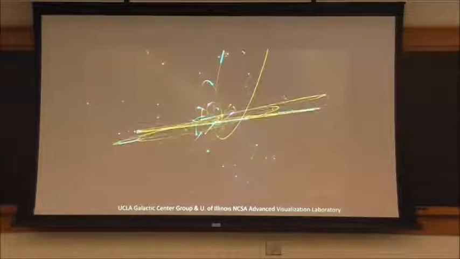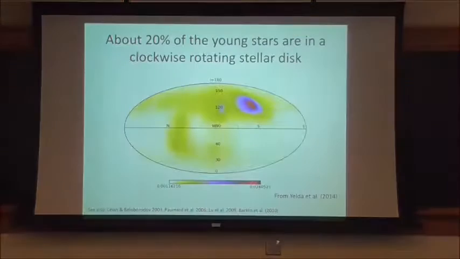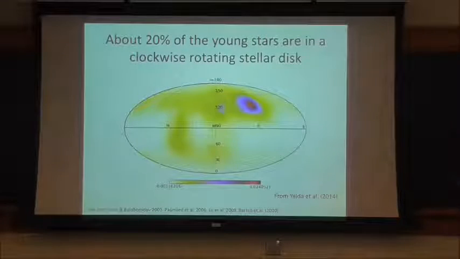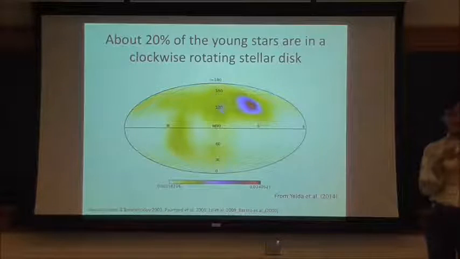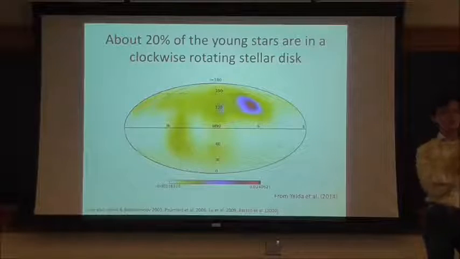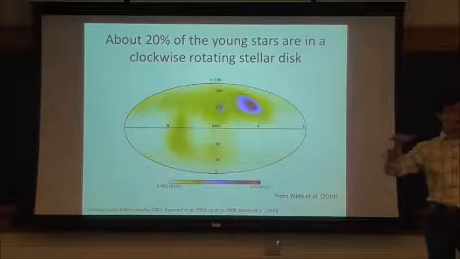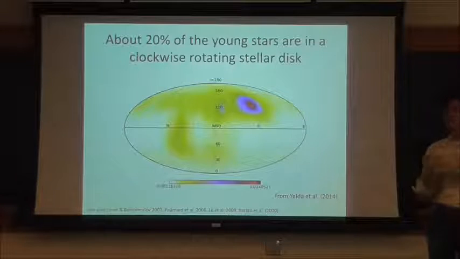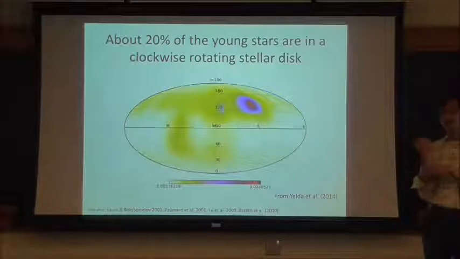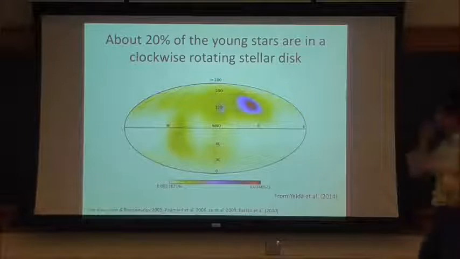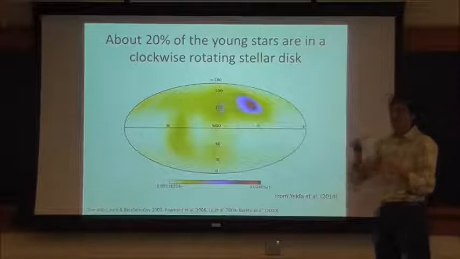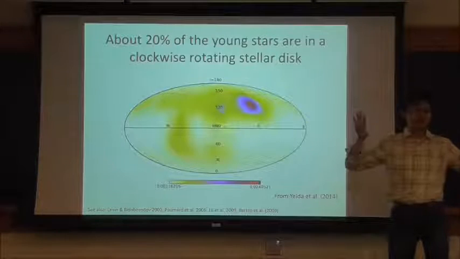Okay. So it was a cool movie, but let's do it more quantitatively. With 3 velocity vectors and a 2D position, you know what the orbital plane of the stars is, right? So you can plot the orientation of the angular momentum vector of the orbital plane on the plane of the sky. This is a projection as if you're standing on top of Sagittarius A* and looking at the sky.